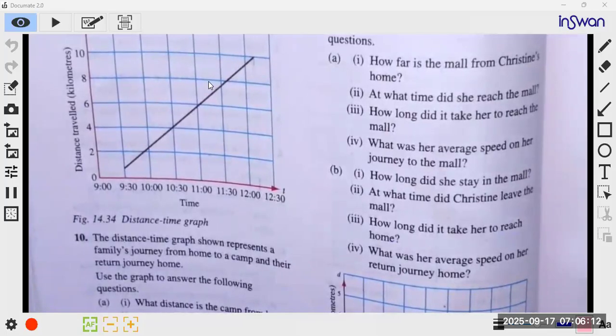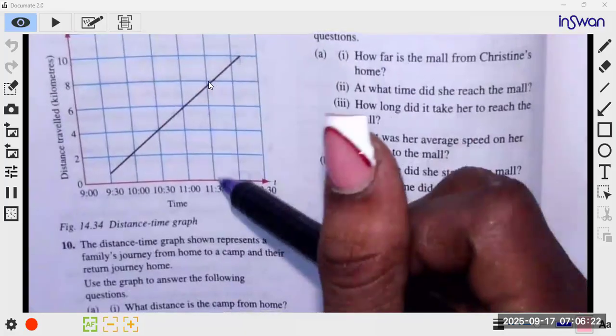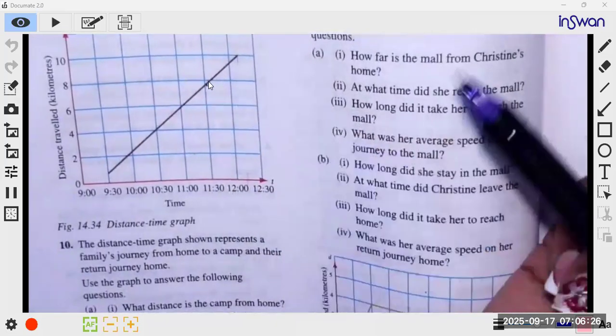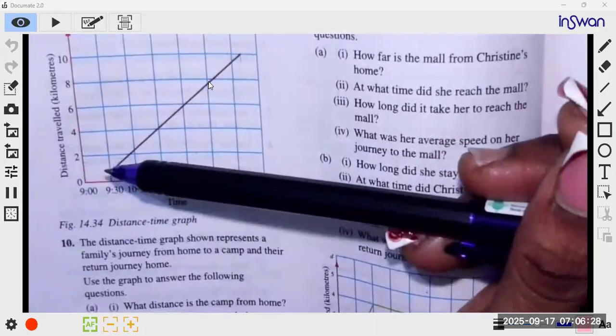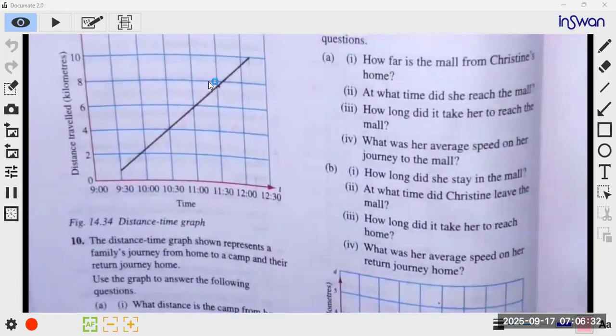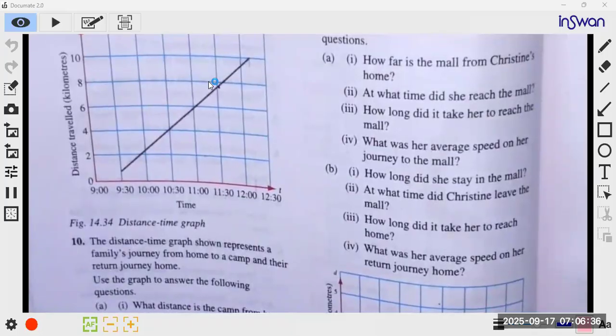The total distance is 7. Up to half 11 it is 8, right? But remember we have 1 here. So 8 minus 1, so what we're really dealing with is 7 kilometers in total.